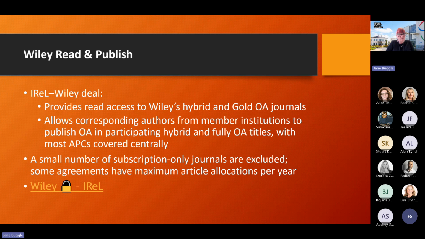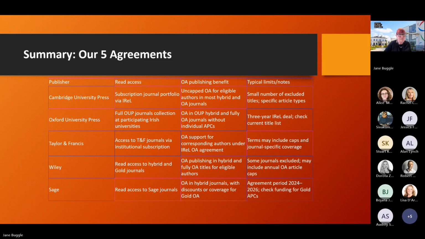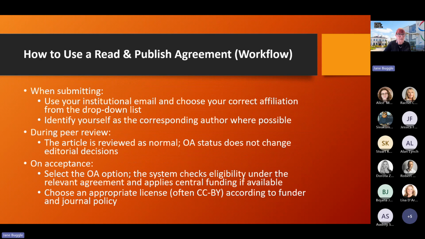Allows corresponding authors to publish OA in participating hybrid and fully OA titles, and most APCs are covered centrally under the agreements. There is a small number of journals that are excluded, and there are caps and quotas. The slides will be made available, and that's a summary of our 5 agreements.